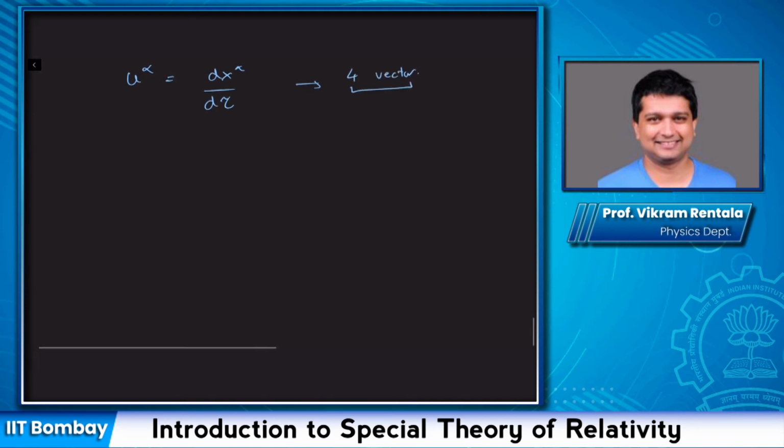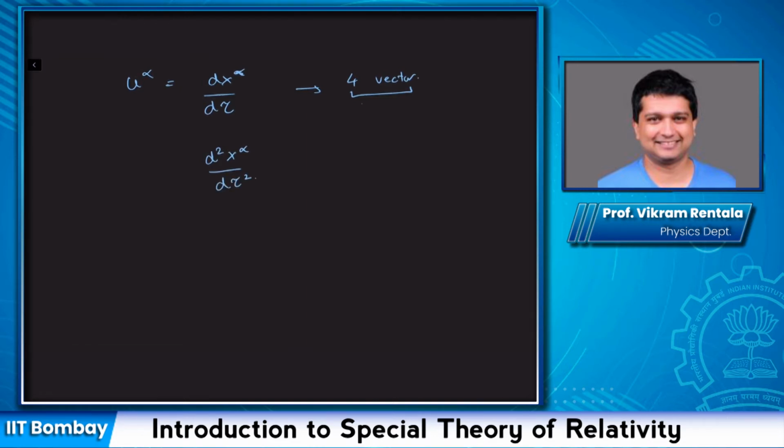Similarly, we could calculate d²x^α/dτ², and this would also transform as a 4-vector, and we call this 4-vector the 4-acceleration. Okay, this also transforms as a 4-vector.